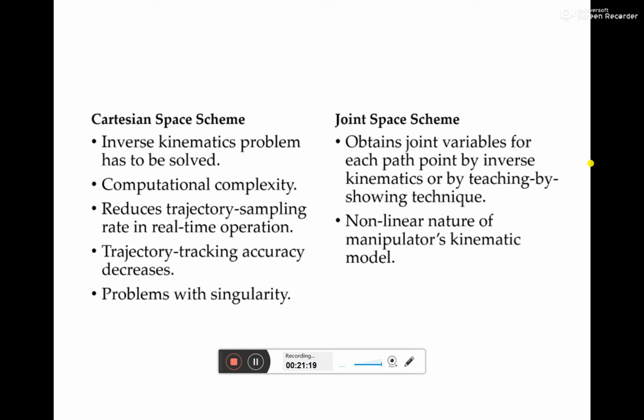This is a non-linear nature of a model where we are specifying the joint variables for each point by means of inverse kinematics. Sometimes we can find the joint variables by means of a teach pendant or the teaching by showing technique also.